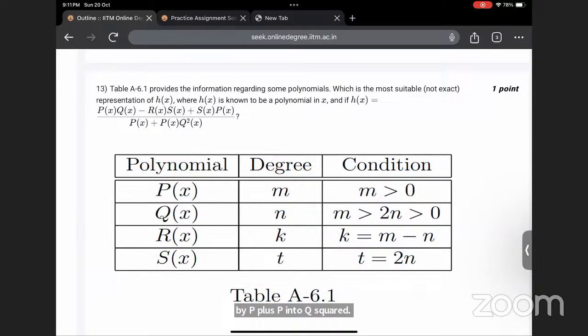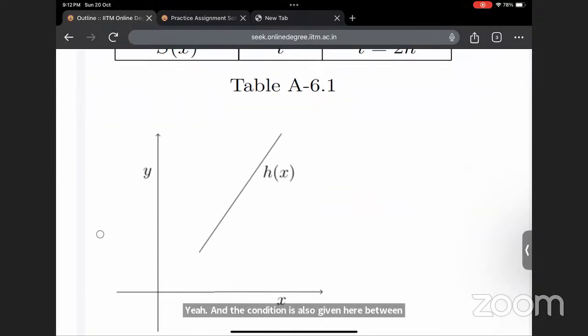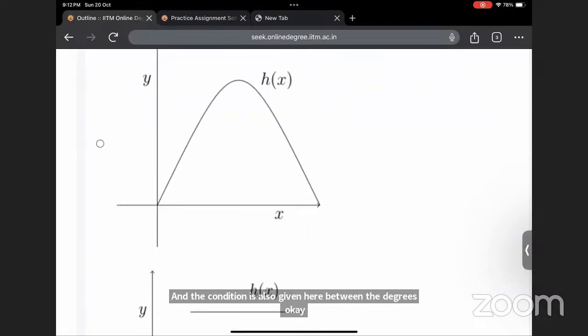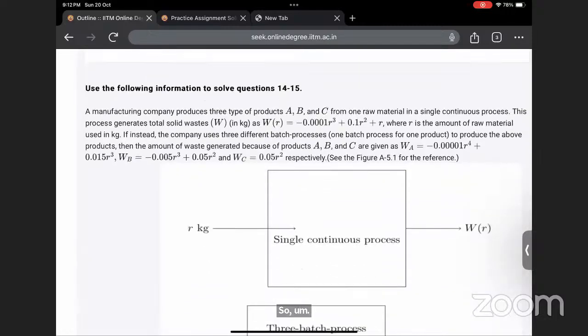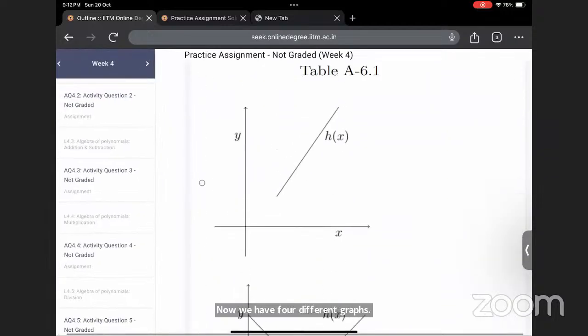And we have four polynomials, P, Q, R, S, and their degrees are given here, and a condition is also given between the degrees. Now we have four different graphs. So what is the question?